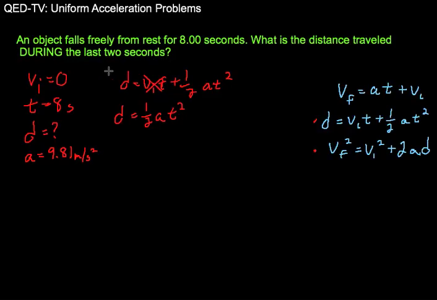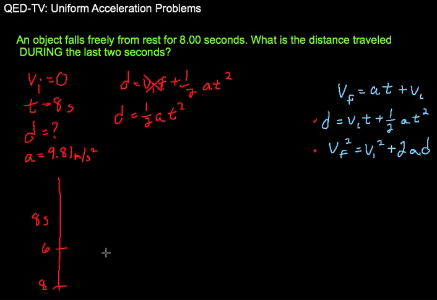Now the problem with this problem is that it says what is the distance traveled during the last 2 seconds. So we have an object, it falls from here down to here in 8 seconds. What we're trying to do is figure out how far it falls, the distance from the 6th second down to the 8th second.